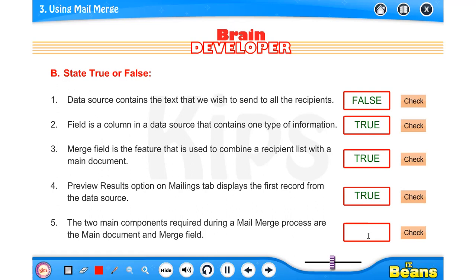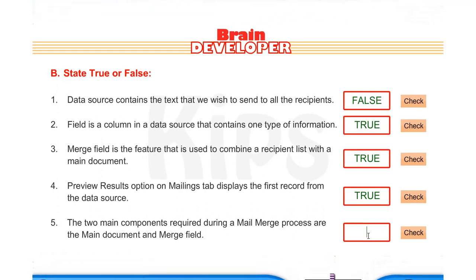Now come to the next true or false. The two main components required during a mail merge process are the main document and merge field. Is it true or false? I'm waiting for your response. Okay, many of you are saying false. Let me check it.